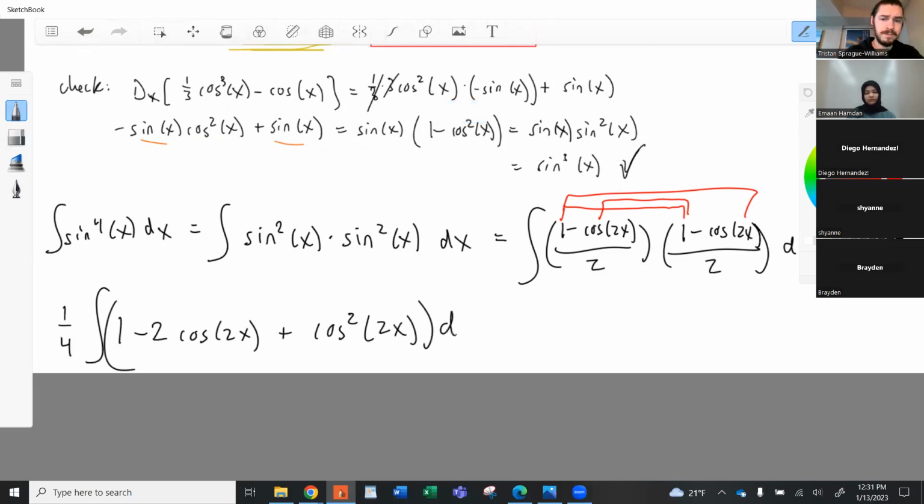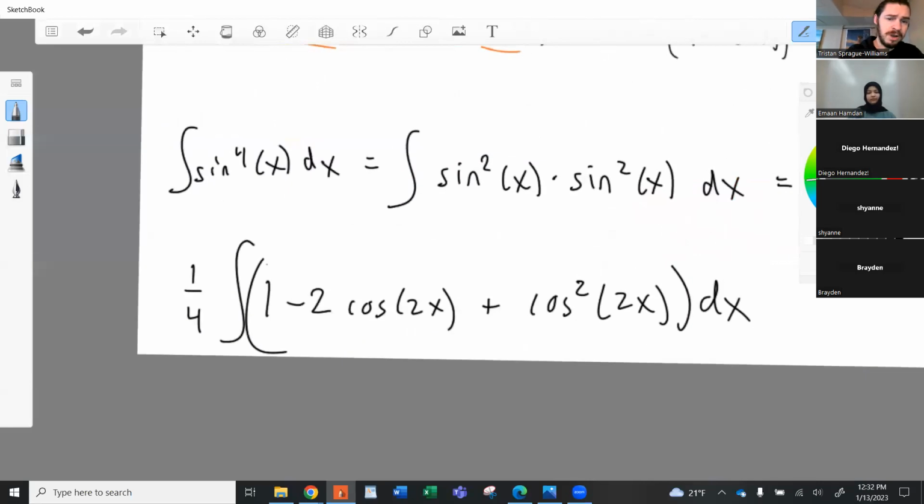All that. Now, looking through here, what can I integrate? Integrating 1 is easy. It's just a constant. So I'm going to put a check mark by that to indicate that we can do that one.